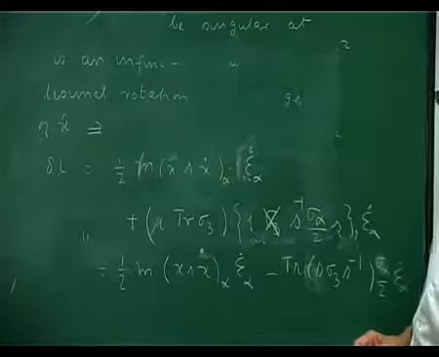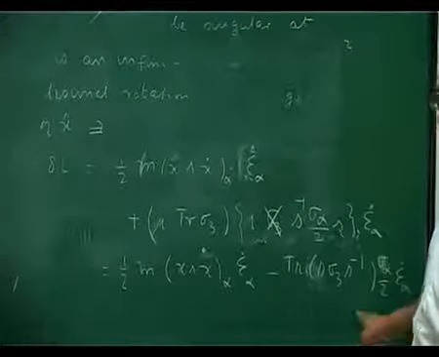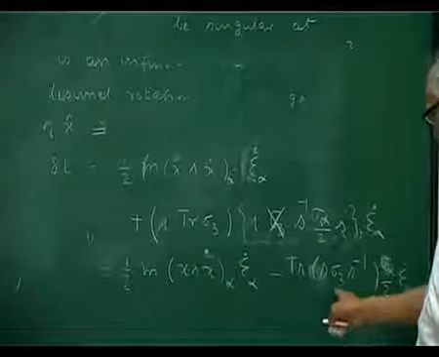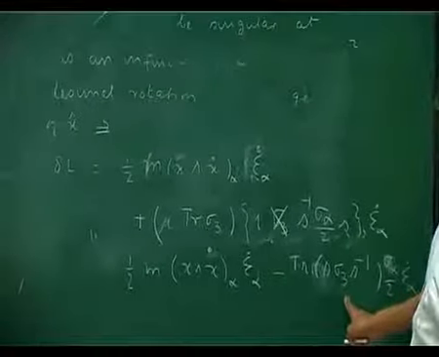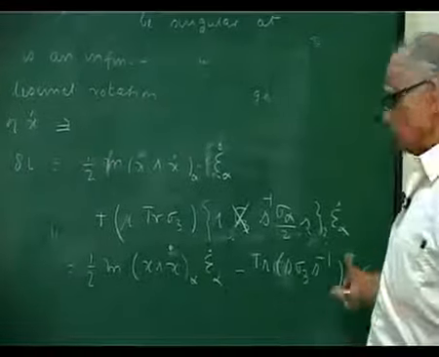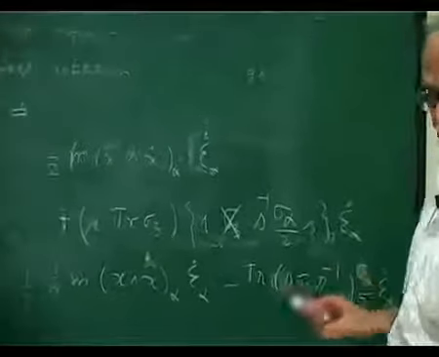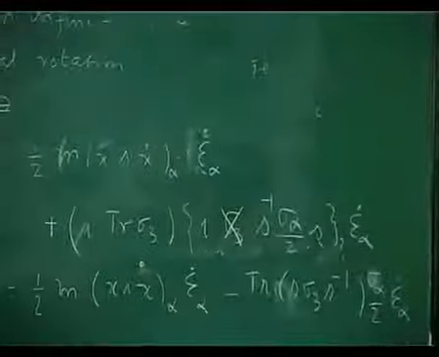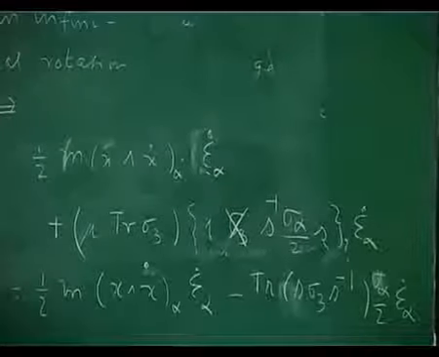Yes, this is the extra contribution. This is sigma dot x hat, and I am projecting with the sigma alpha over 2. So the last term, up to signs, I have not been careful about signs.